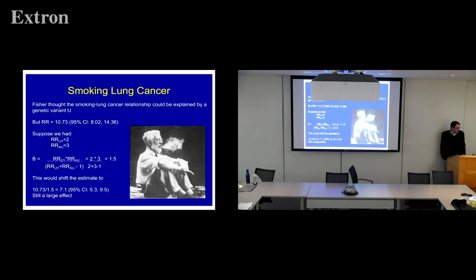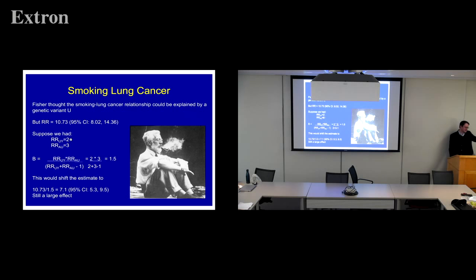Okay, so in terms of use for sensitivity analysis, probably these risk ratios of 10 really are implausible. Incidentally, we have found evidence for genetic variants that are related to smoking and lung cancer independently. So Fisher was, in some sense, correct, except that the risk ratios are like 1.3, not 10. So Cornfield was more correct.